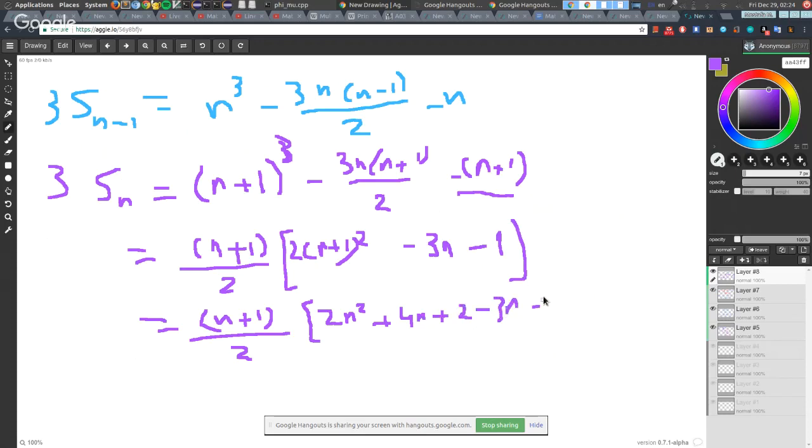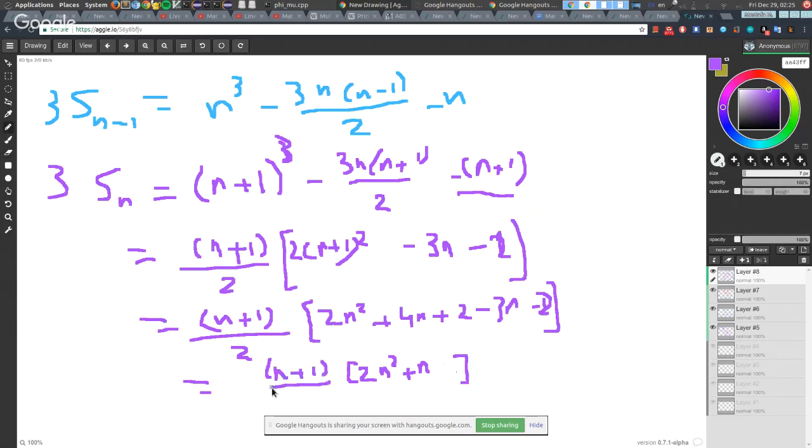So if we expand the expression, we end up having here 2n squared plus n plus 1. Sorry, I'm actually wrong here. So this is minus 2, minus 2. So this is okay.